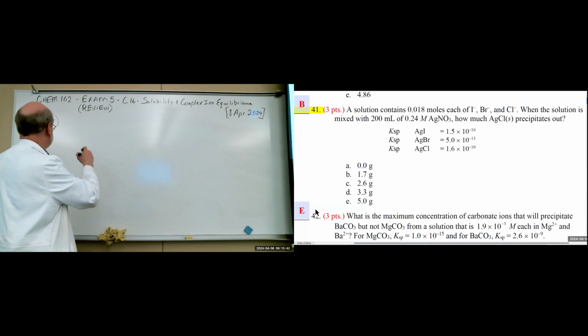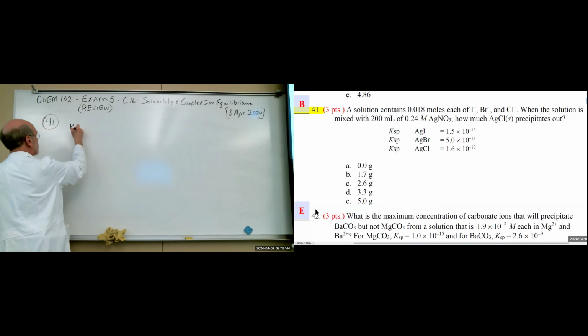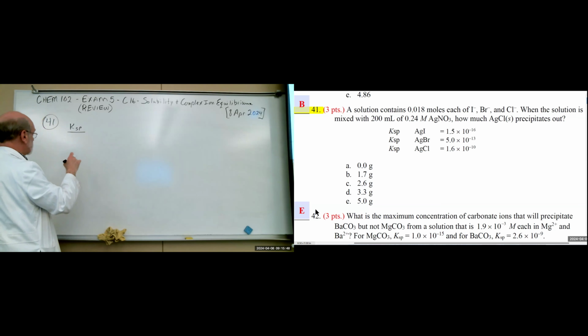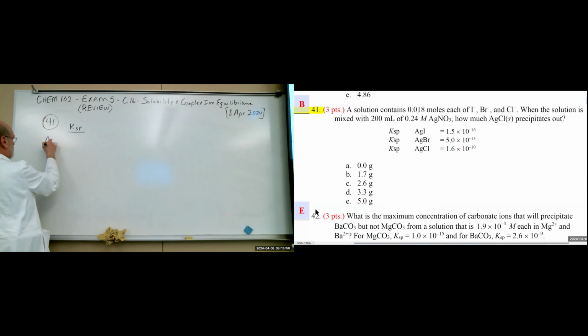Okay, here's a case where we know the KSPs of each one: silver iodide, silver bromide, and silver chloride.